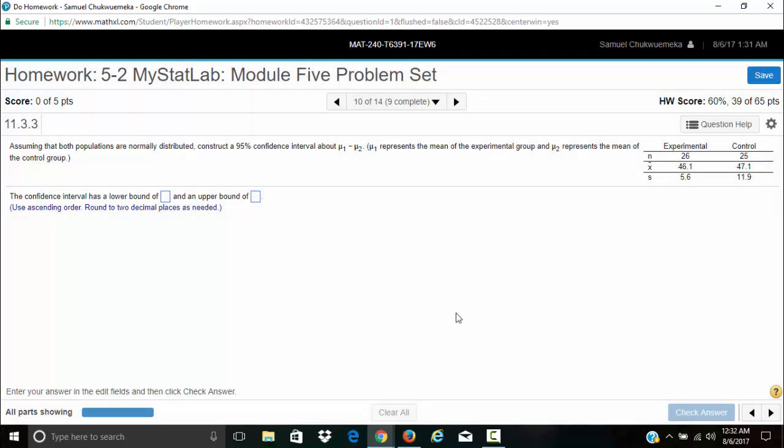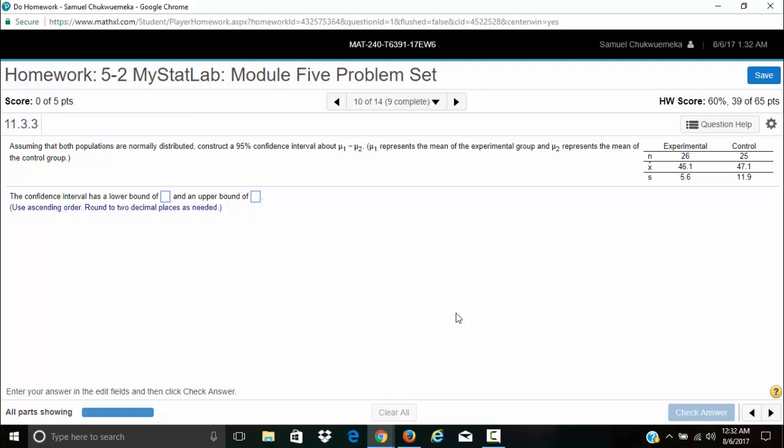Okay, question 10. Assuming that both populations are normally distributed, construct a 95% confidence interval about the difference in the population mean. mu1 is the mean of the experimental group, and mu2 is the mean of the control group. In this question, both groups are independent.